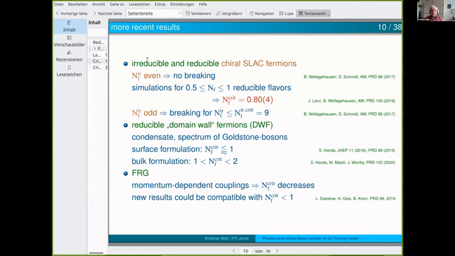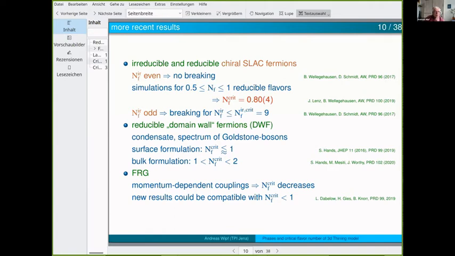There was some work already 4 years ago. And 2 years ago, we zoomed into N equals 1 and did simulations with a fractional number of flavors and came up with a number of 0.8. So in other words, for N equals 1, 2, 3, there is never a broken phase. There's no phase transition with an order parameter.